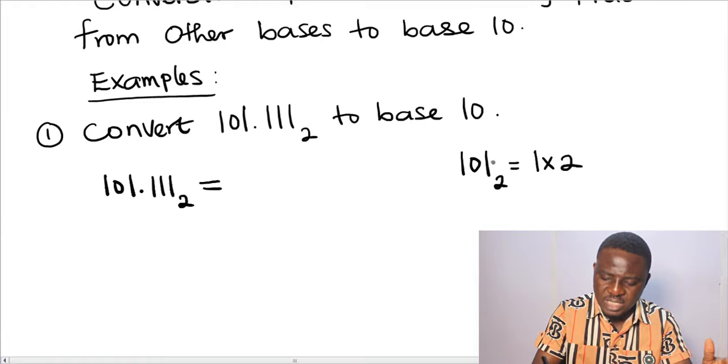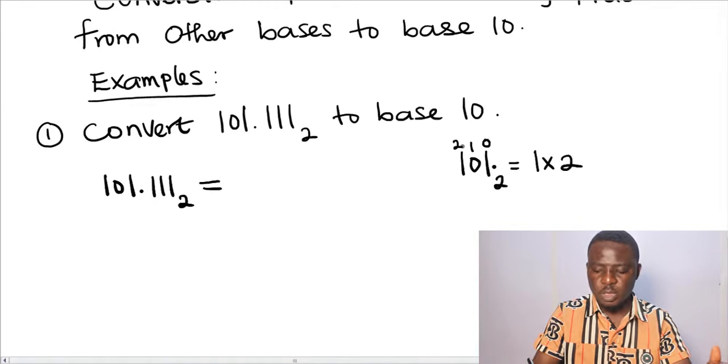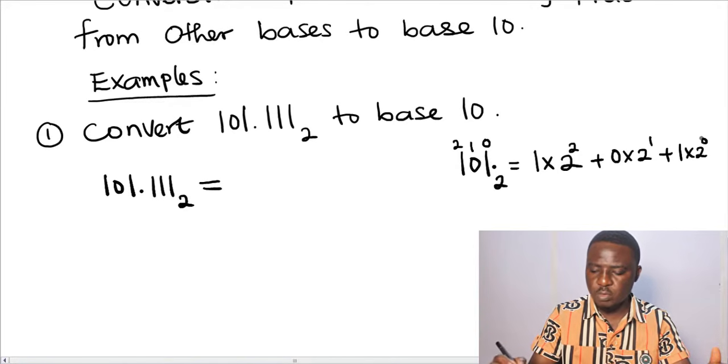The first digit to the left before the decimal point has place value 0, the next has place value 1 and the next 2, such that you multiply 1 times 2 raised to the power of 2, plus 0 times 2 raised to the power of 1, plus 1 times 2 raised to the power of 0.